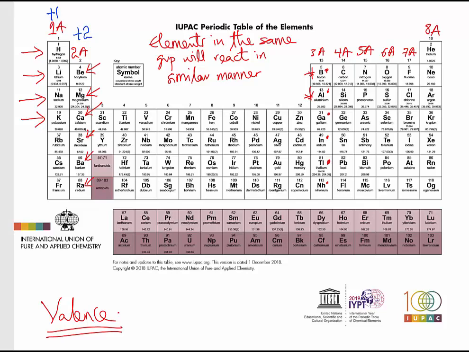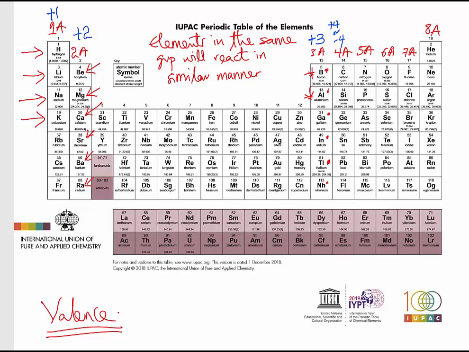Boron is going to have a charge of +3. And again, all the elements in group 3A will end up having a charge of +3. Carbon is in group 4A. It can be +4 or -4.